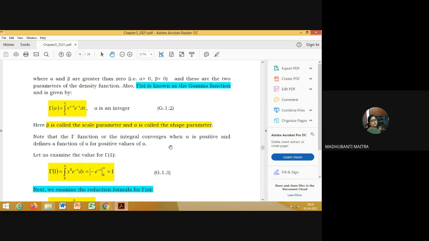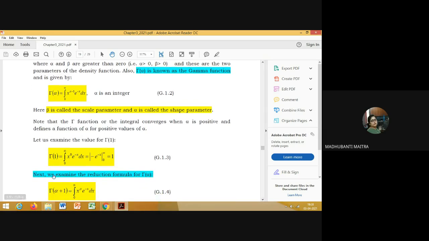So let's first define gamma 1. Gamma 1 will be the integral from 0 to infinity of x to the power alpha minus 1, where alpha is equal to 1, so x to the power 0, e to the power minus x dx.